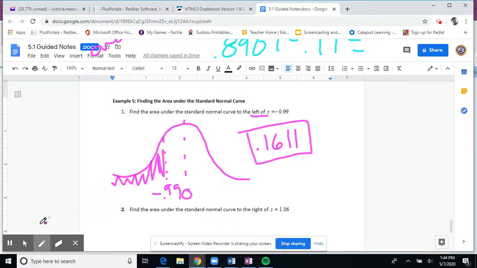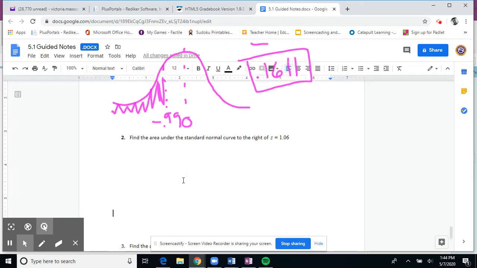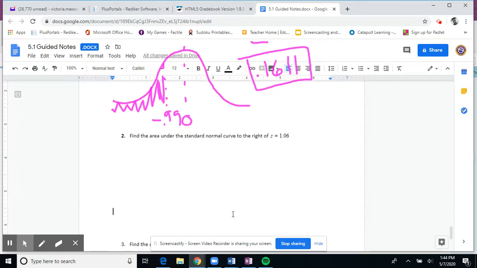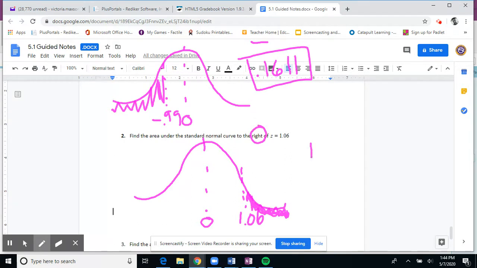Now it says find the area under the standard normal curve to the right of z equals 1.06. Finding area to the right, so this is 0. This is about 1.06. We're finding the area to the right, so on the right side of that. So when we're finding area to the right, we're going to do 1 minus the table value.